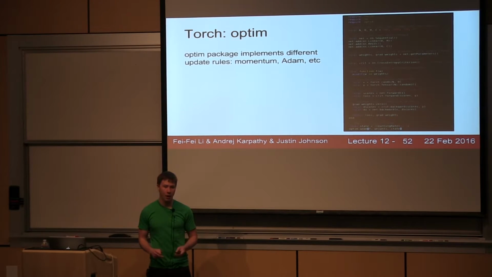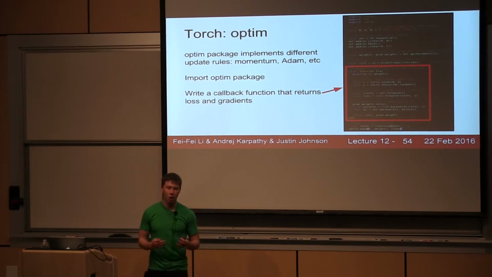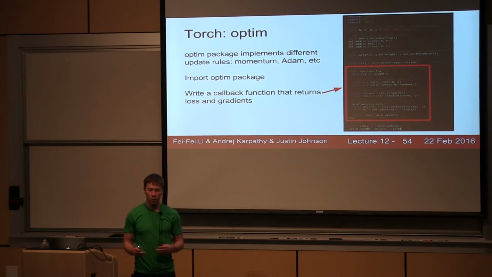Again, we just import a new package up here. And now what changes is that we actually need to define this callback function. So before, we were just calling forward and backward explicitly ourselves. Instead, we're going to define this callback function that will run the network forward and backward on data, and then return the loss and the gradient.